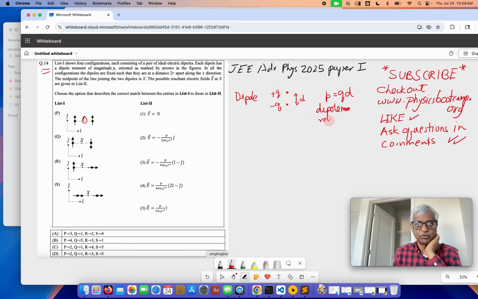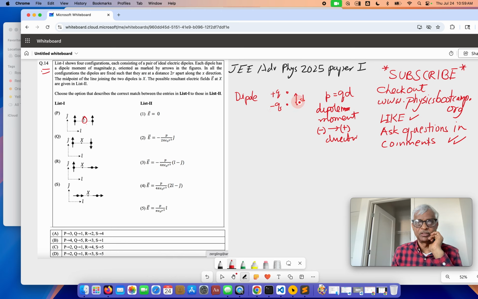Two words, dipole moment. And when you say p as a vector, it goes from the minus charge to the plus charge direction.